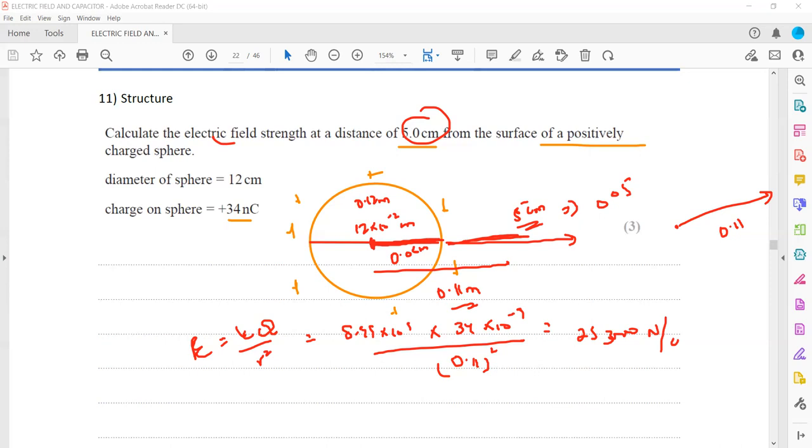We always take the distance from the center of the sphere. R is not the distance from the surface to the point where we want to determine the strength. It is the distance from the center.